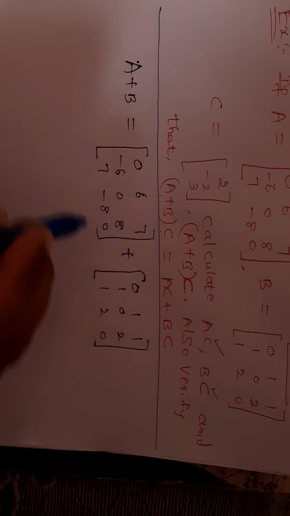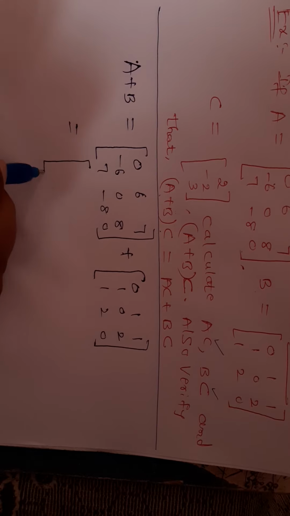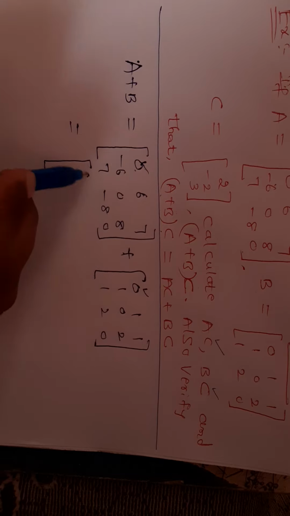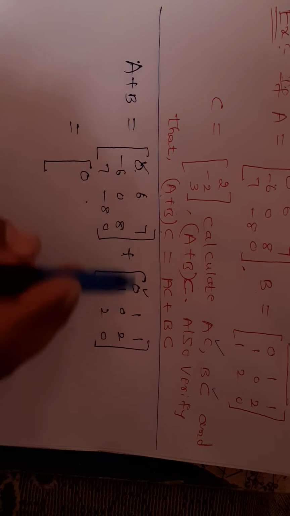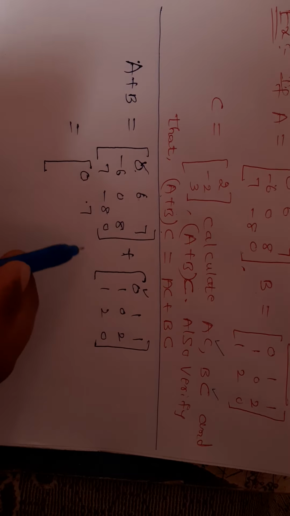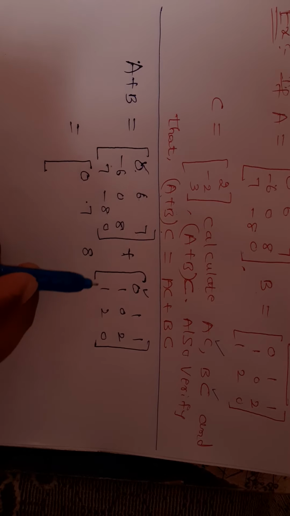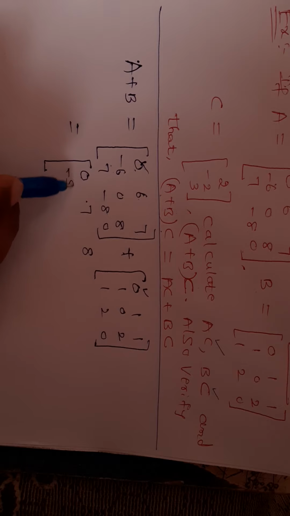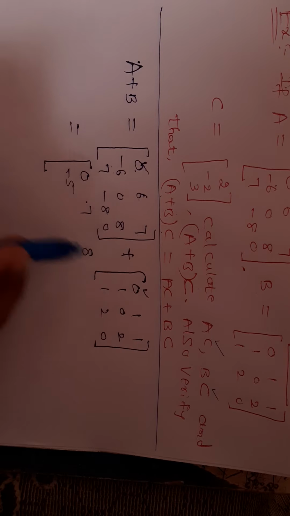Addition of two matrices means we have to add the corresponding elements. So 0 plus 0, that will be 0. Then 6 plus 1, that is 7. 7 plus 1, that is 8. Then minus 6 plus 1, it will be minus 5. Then 0 plus 0, 0.